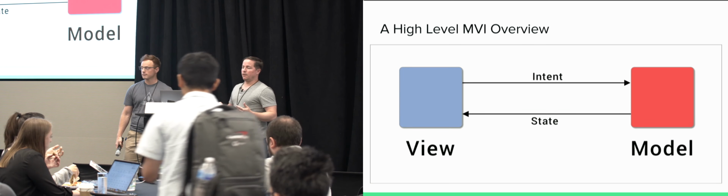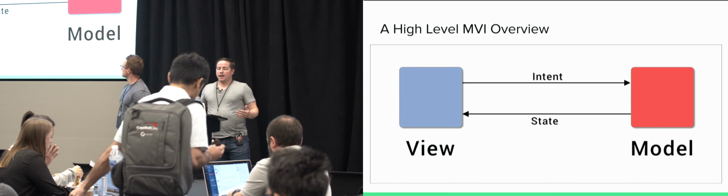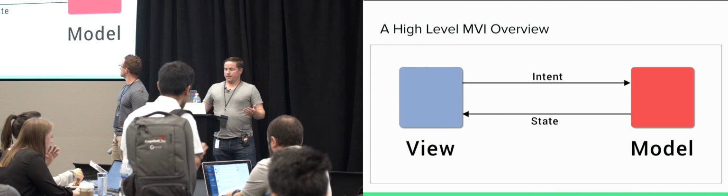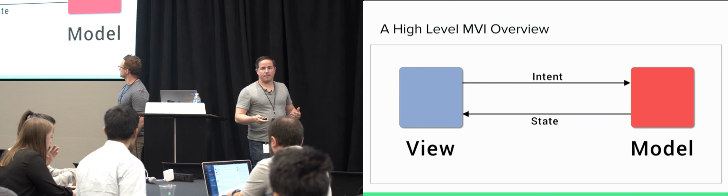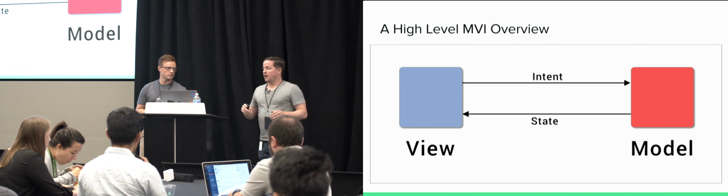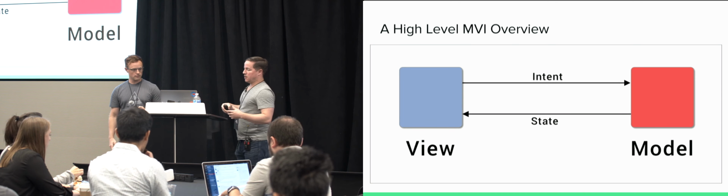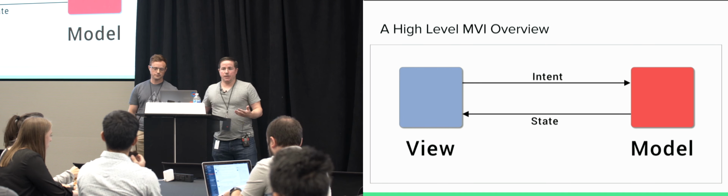So this is a high-level overview of what MVI looks like. Pretty simply, the view emits an intent, the model consumes that intent, and emits a state back out to the view. Now, this doesn't have to happen in a particular order. So when you think about your model, you can have an intent that comes directly from the user, and most things are driven by the user, right?